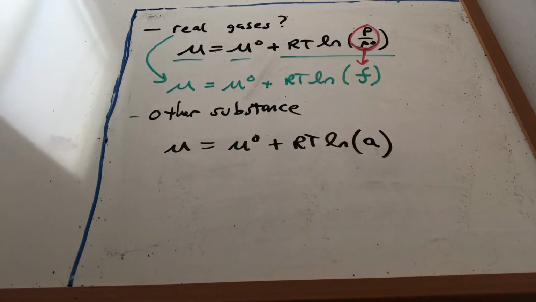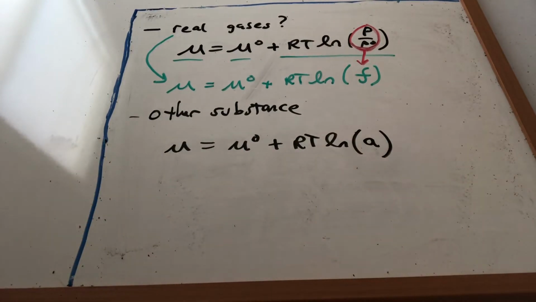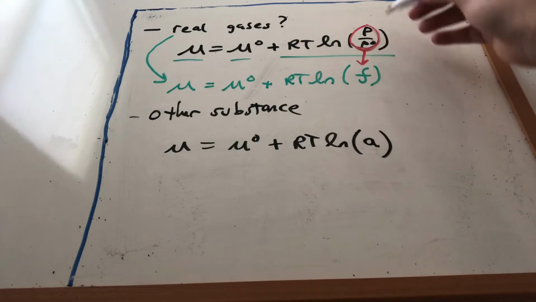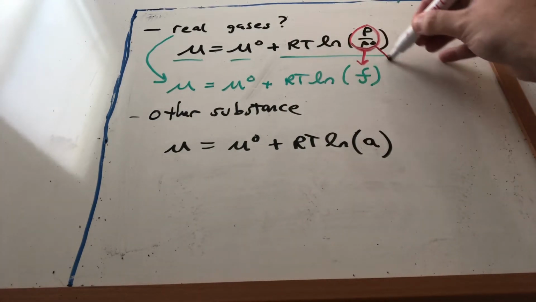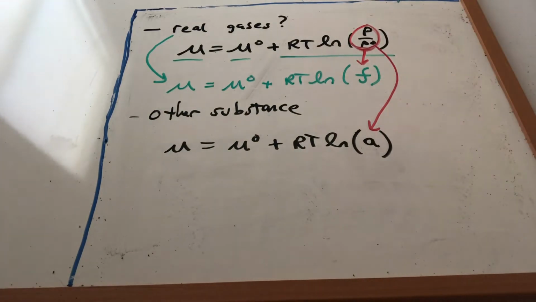For all other substances, what we did is we said, I want to recreate this natural form of a mu naught, an RT, and a natural log, and I'm going to define activity in a way where this mathematical form is kept. Well, if you look at our derivation, and we're dealing with substances like solids, liquids, aqueous species, what changes about that analysis? It looks like the exact same mathematical form, except instead of pressures there, what do you have? You have activities.